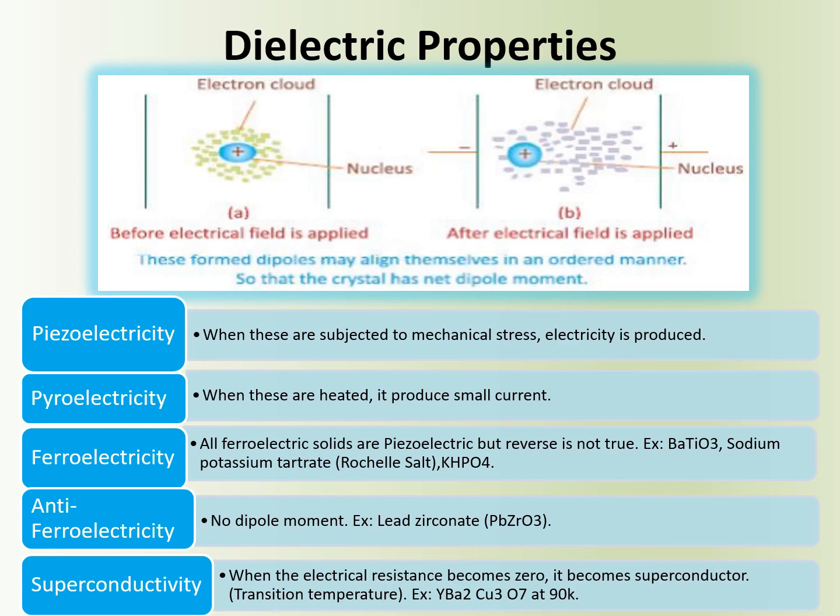Pyroelectricity. What is this? The pyroelectric effect occurs when polar crystals are heated; it produces a small current when heat is applied.